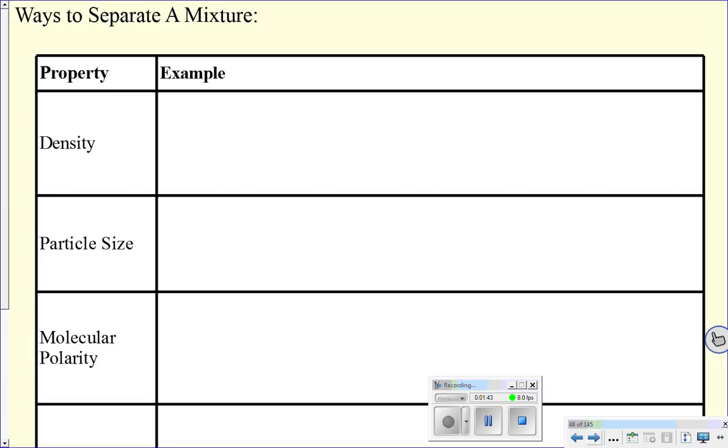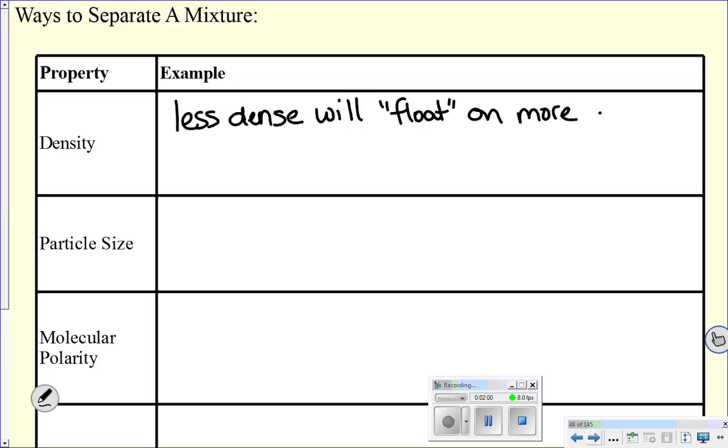Mixtures will separate based on density. So less dense substances or materials will often float on more dense liquids.